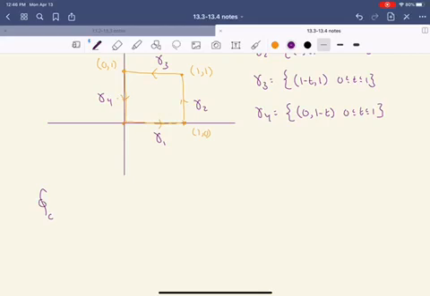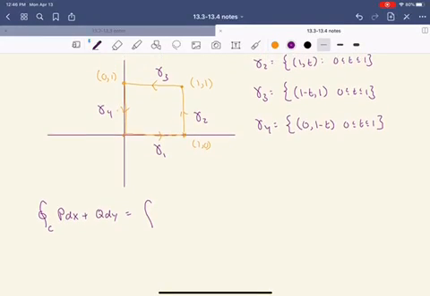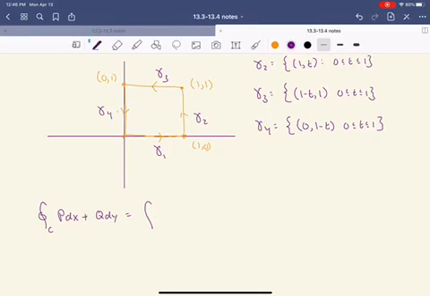Our integral over C, I'm writing it again with the circle for the fact that it's a loop integral, an integral over a curve that starts at the same place it ends, of P dx plus Q dy is equal to the integral over gamma 1. Well, dx is just dt, and dy is 0.